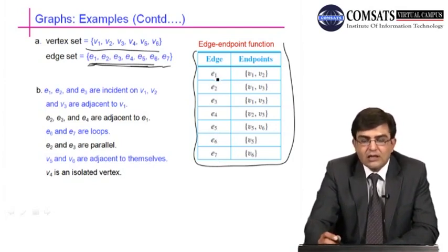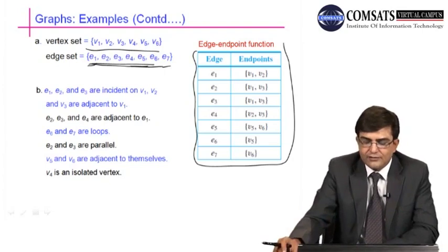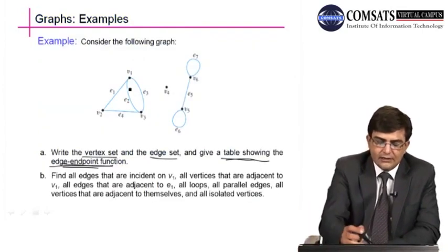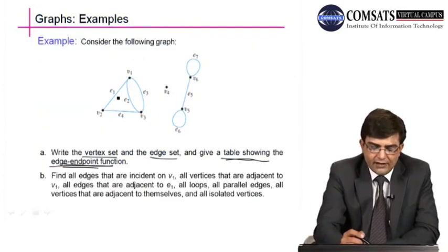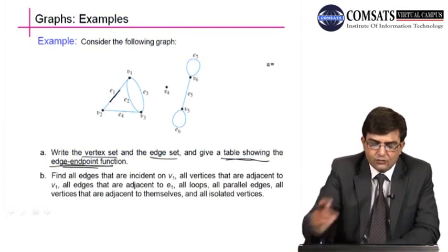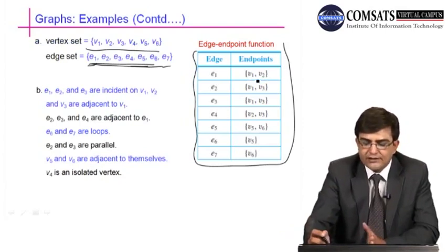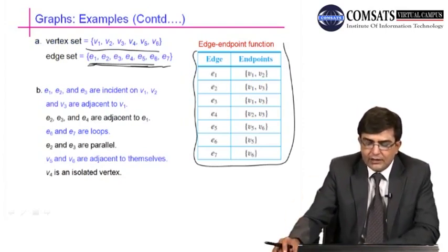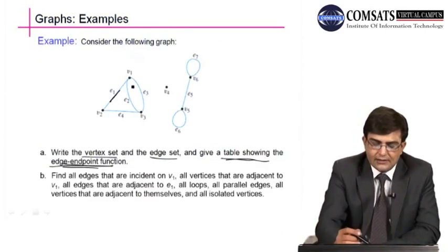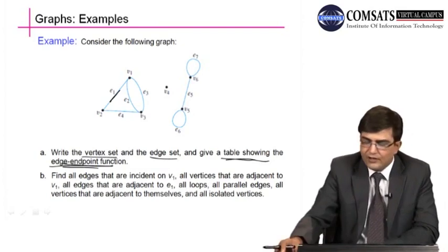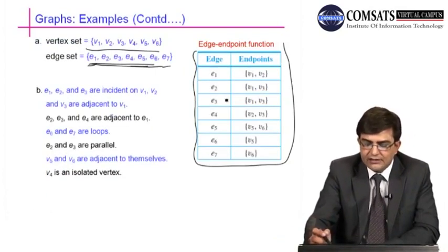Endpoints. Now what are the endpoints of E1? We have to look at the graph. The endpoints of E1 are V1 and V2. So we write here V1, V2. Similarly, the endpoints of edge E2 are V1 and V3. So we write here V1 and V3.